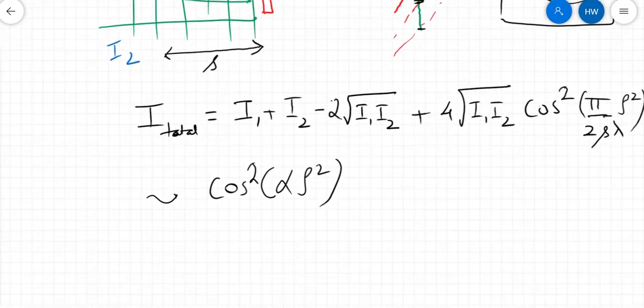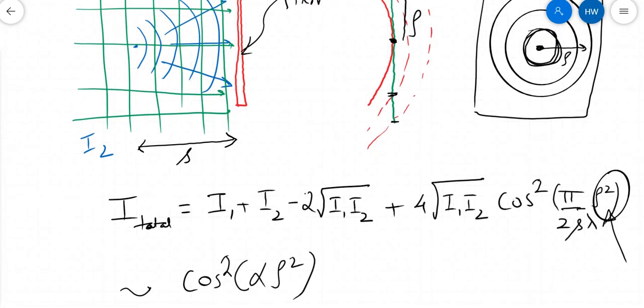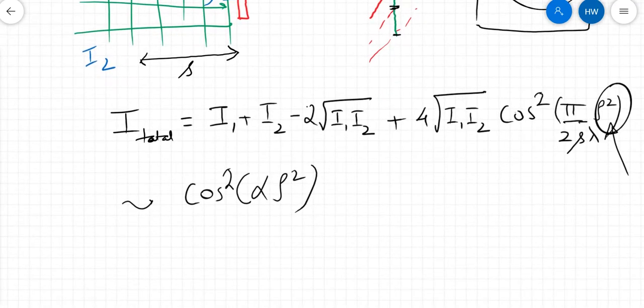At rho equal to 0, I get the maximum, and as I keep changing rho, I get maxima and minima, these fringes. So what one is recording is not either the light from the source or from the reference, but an interference pattern between the two, right?